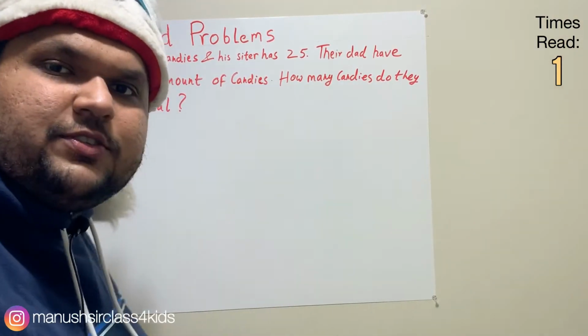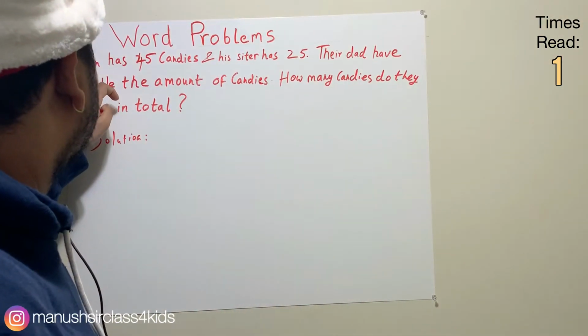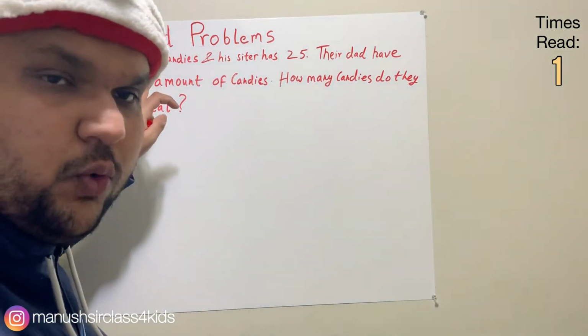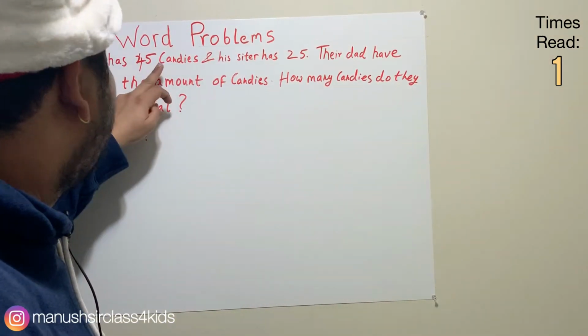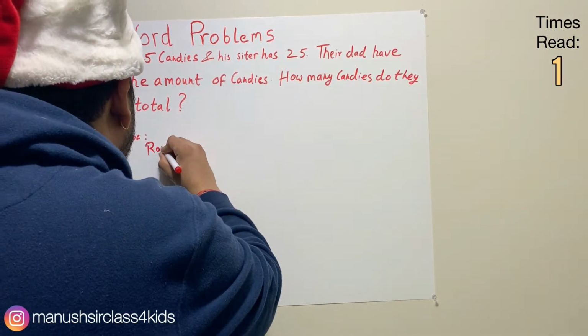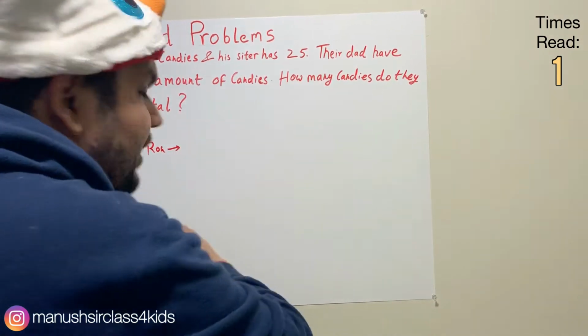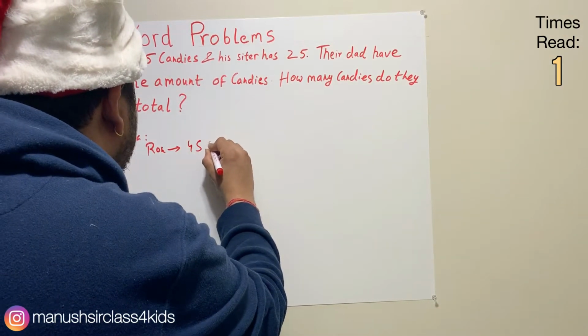First I will start with what is given to me. So first I will write the name, who has what. It's given to me that the character Ron has 45 candies. So I will say Ron has, and I'll put an arrow rather than an equal sign, 45 candies.